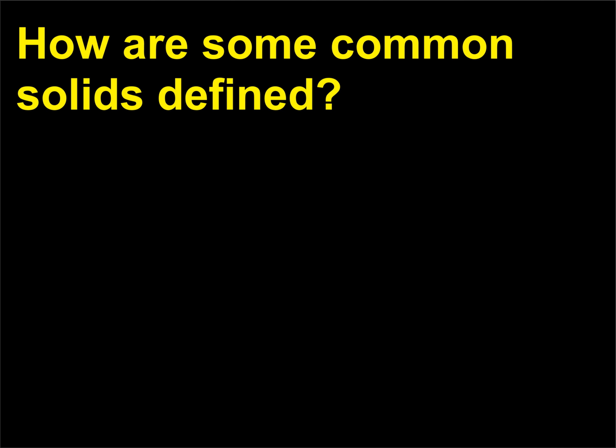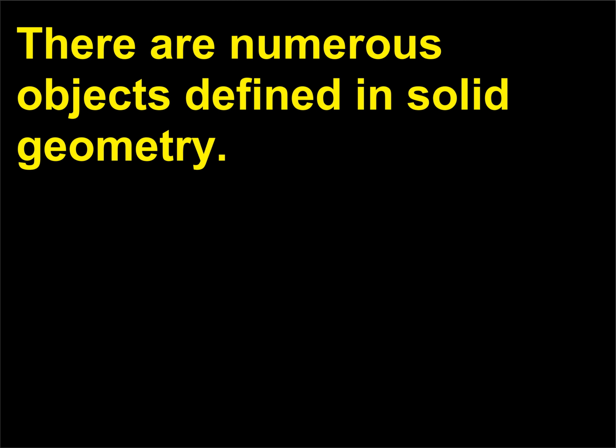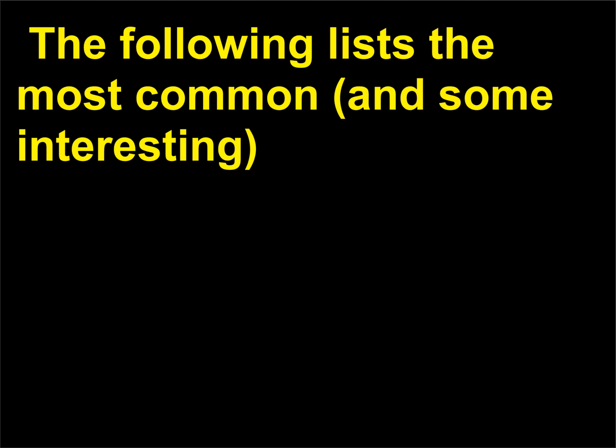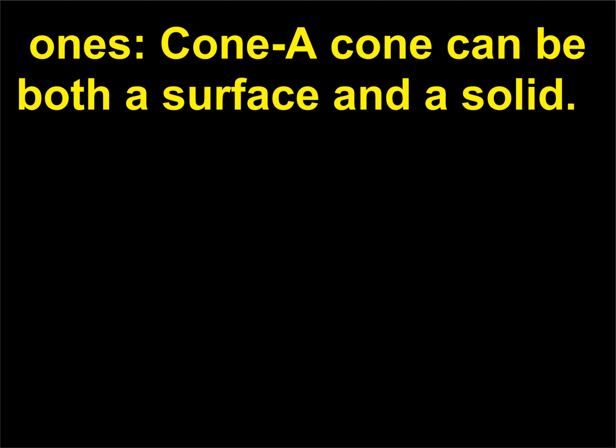How are some common solids defined? There are numerous objects defined in solid geometry. The following lists the most common, and some interesting ones. Cone. A cone can be both a surface and a solid.